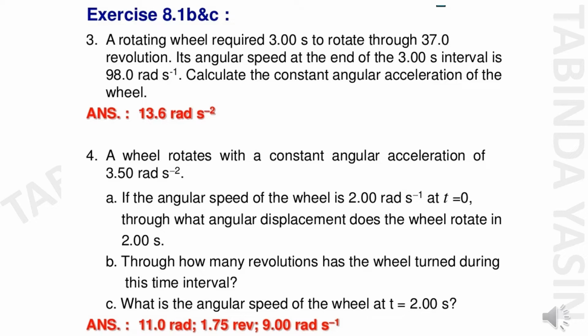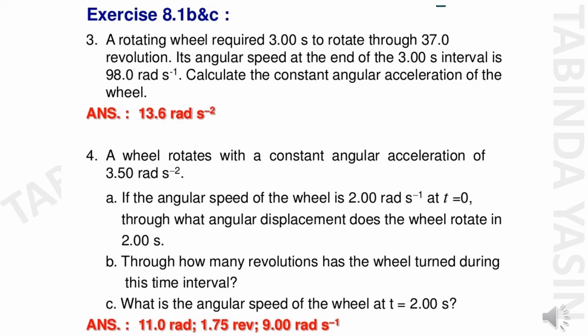A wheel rotates with a constant angular acceleration of 3.50 radian per second square. If the angular speed of the wheel is 2 radian per second at t equal to 0, through what angular displacement does the wheel rotate in 2 seconds? That is part A. Part B is through how many revolutions has the wheel turned during this time interval; we have to calculate the revolutions.